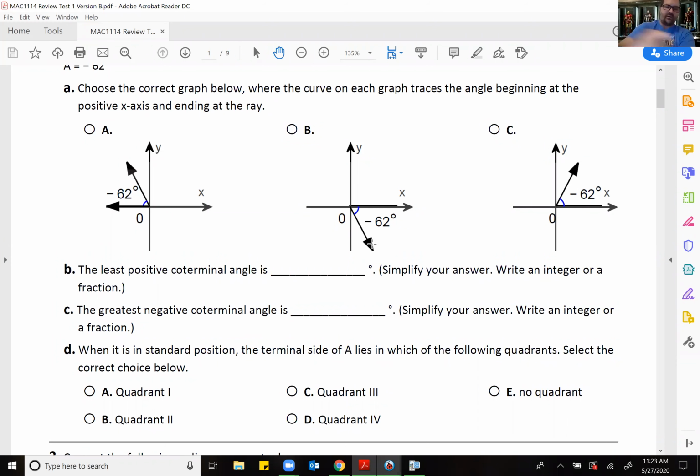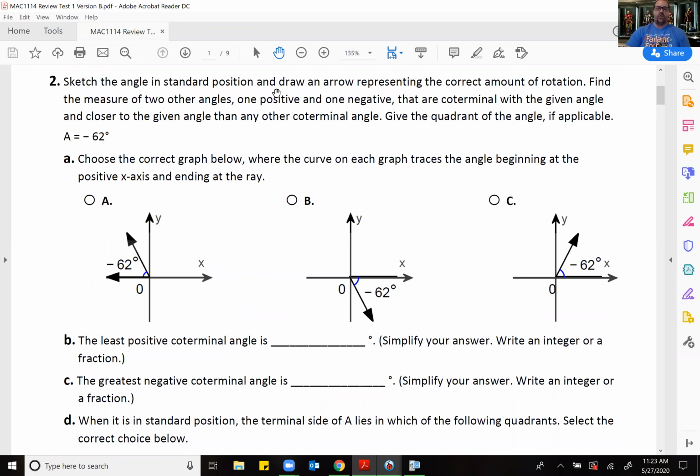I don't like that, but it's what they put there. Really, what they want is one positive angle that's above this, and then one negative angle that's below this. It's not really looking for the least positive and the greatest negative sometimes.